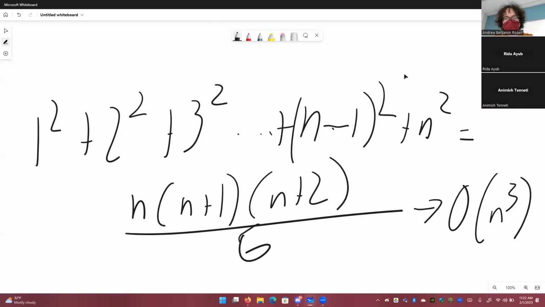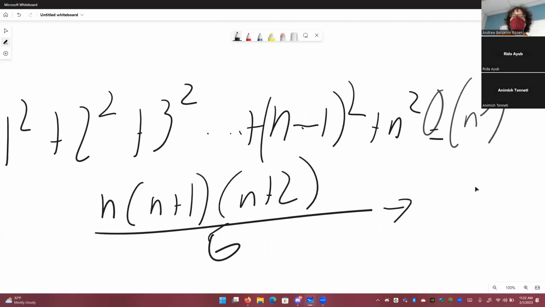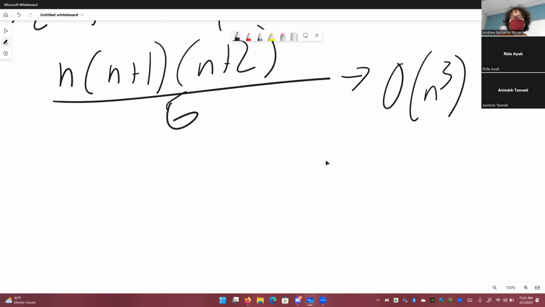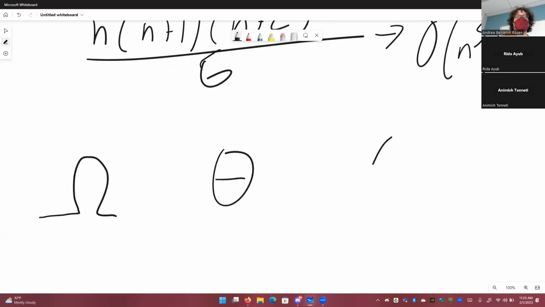Also, to be clear, just because I'm not necessarily in the lecture, mathematicians sometimes get angry at computer scientists because we simply refer to everything as big O. They have distinctive terms that we'll learn in algorithms, that you don't need to know about: big omega, big theta, and then big O. We really just care about big O a lot of the time.